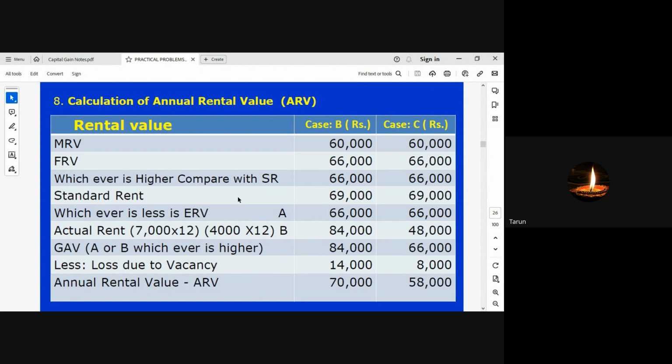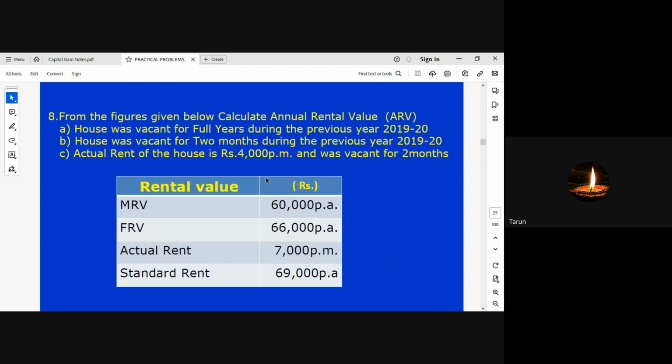The MRV, the municipal rental value, has already been mentioned in the question, that is 60,000 per annum.